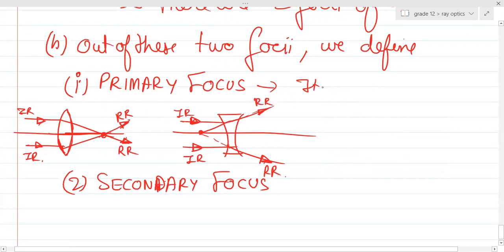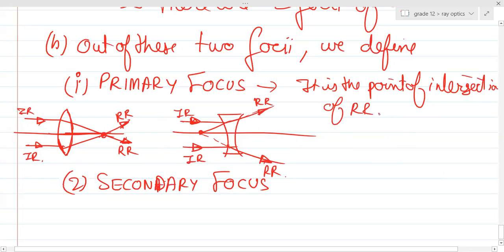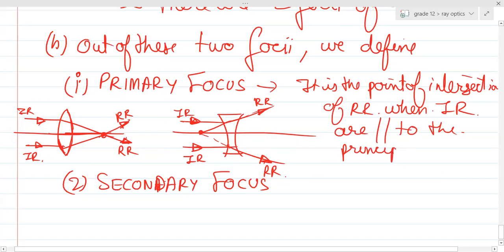The primary focus is the point of intersection of refracted rays when the incident rays are parallel to the principal axis. Is primary focus clear?